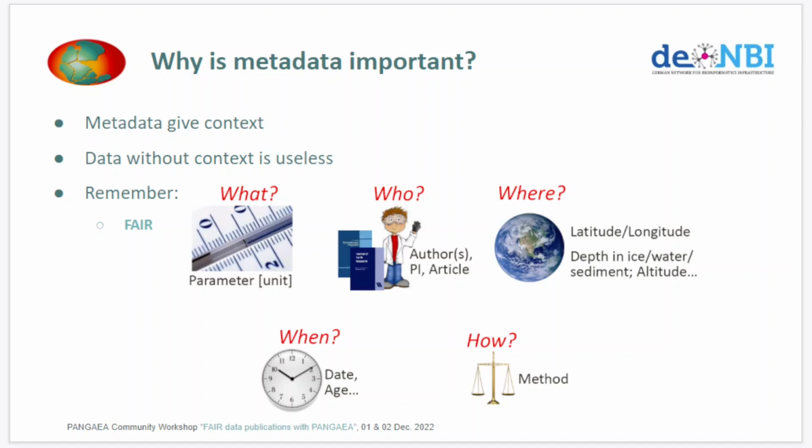So basically, metadata give the context, and data without context is simply useless. So remember, in order to have a fair dataset, you need to know what, who, where, when, and how the data was collected.